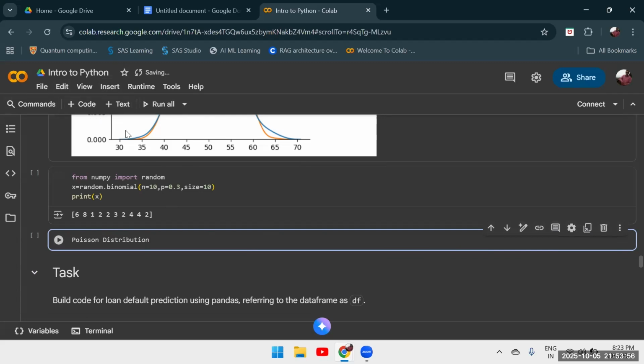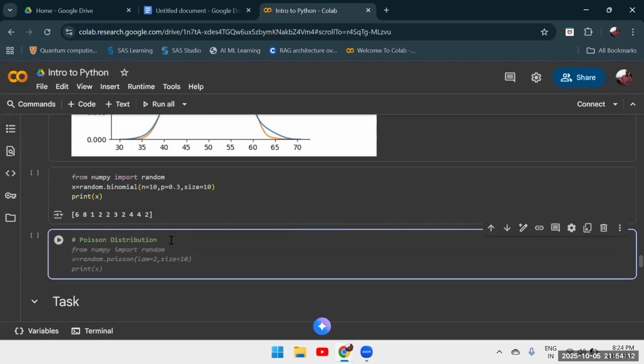Just a minute, sir. Yes, Raghav. Sir, calculating the probability of a given number of events occurring in a fixed interval of time and space.